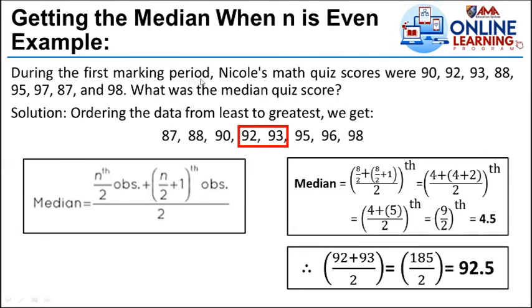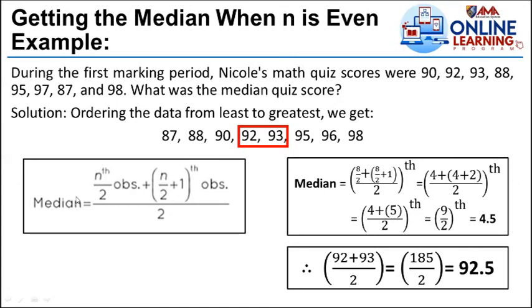During the first marking period, Nicole's math quiz scores were 90, 92, 93, 88, 95, 97, 87, and 98. What was the median quiz score? Solution, as usual, you're computing for median, you're going to arrange our data sets from least to greatest.